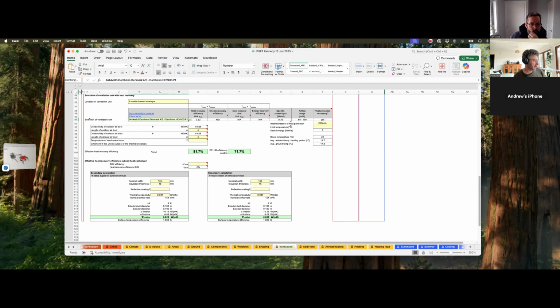So we've got the ducting in, this is the ducting between the unit and the outside. And I've got 4 meters of ducting from the unit to the outside. That makes a considerable difference to the efficiency. So if it's any less or more than that, that will change things. HRV, Mark? It's 4 meters.